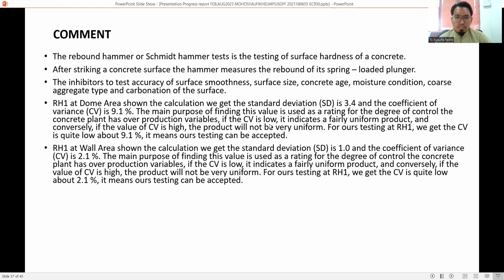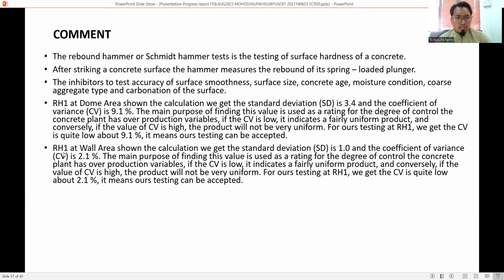If the CV is low, it indicates a fairly uniform product, and conversely, if the CV is high, the product will not be very uniform. In our testing of RH1, we get a quite low CV of 9.1%. This means our testing can be accepted.